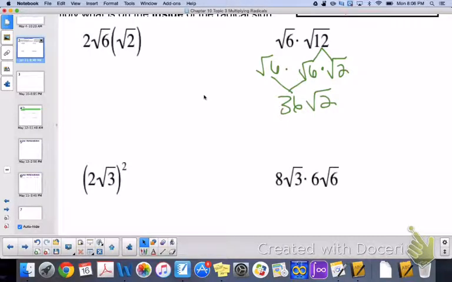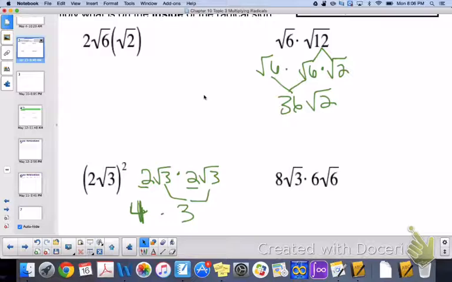Okay, let's do this one. 2 root 3 squared. Well, 2 root 3 squared means we have 2 root 3 times 2 root 3. Now, above, where it said what's on the outside stays on the outside, we can multiply those. 2 times 2 is 4, right? And then we have root 3 times root 3. Well, root 3 times root 3 is, yes, 3.